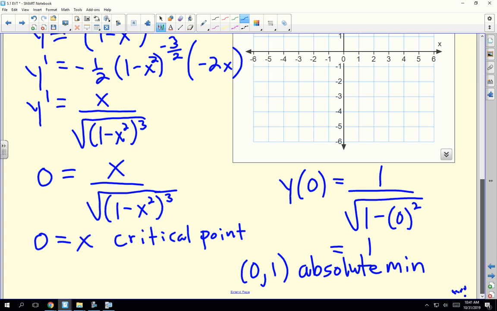At this point, guys, you're either going to do this by checking the graph, or I could show you what Jeremiah is talking about. Between -1 and 0, what's a point I could check in the derivative? Negative 0.5.